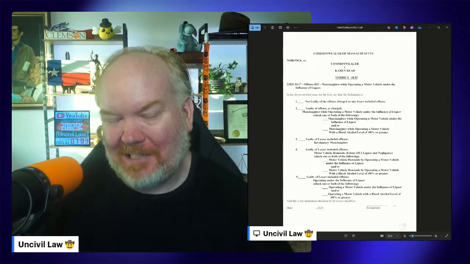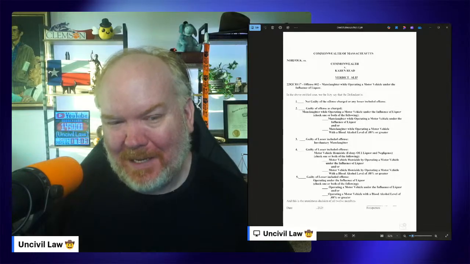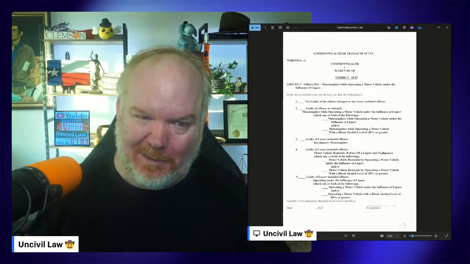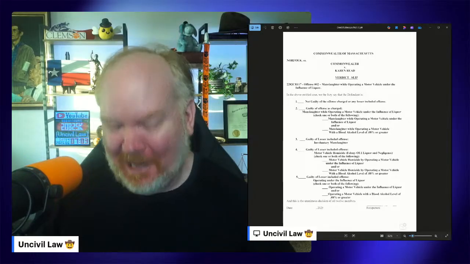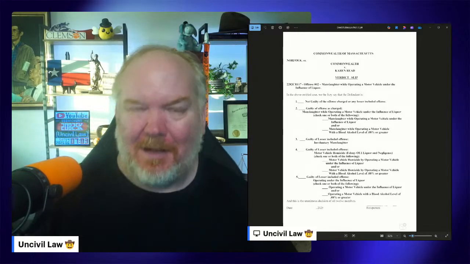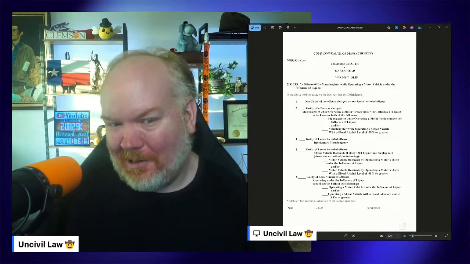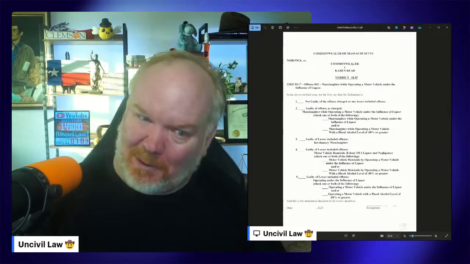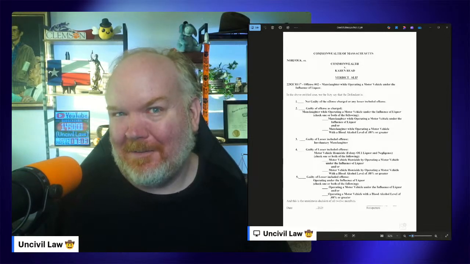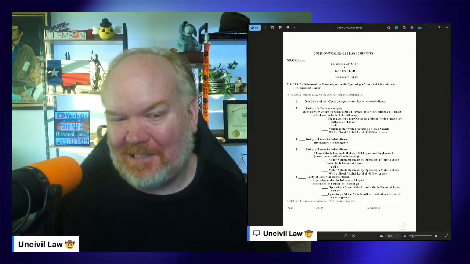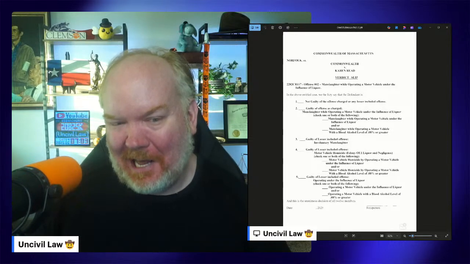In fact, it's impossible. So every single murder includes the lesser included of assault. Every murder is an assault. Not every assault is a murder, right? Because every murder is necessarily an assault, because assault is an element of murder.